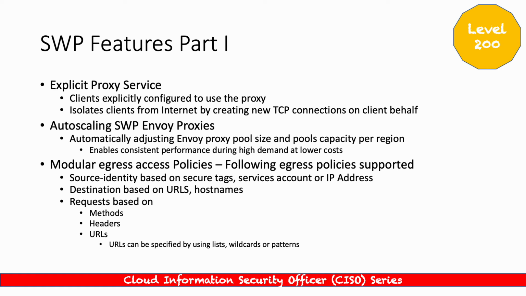Okay, we do actually have modular egress access policies, and what I mean is that it's broken down in terms of the components, the mechanisms that we are controlling the traffic through, right? So we can do it through source identity based on secure tags, service accounts or IP addresses, destinations based on URLs and host names, requests based on the methods, the headers, the URLs, and URLs can be specified using list, wildcard, and pattern.